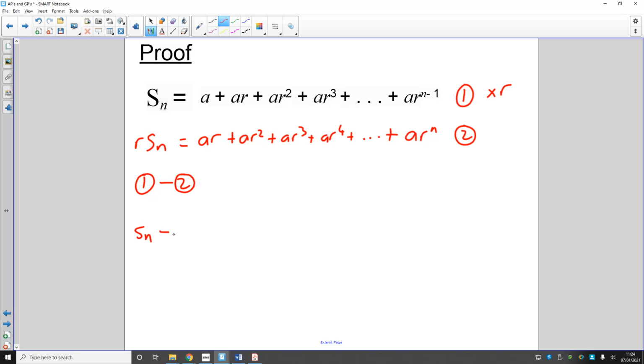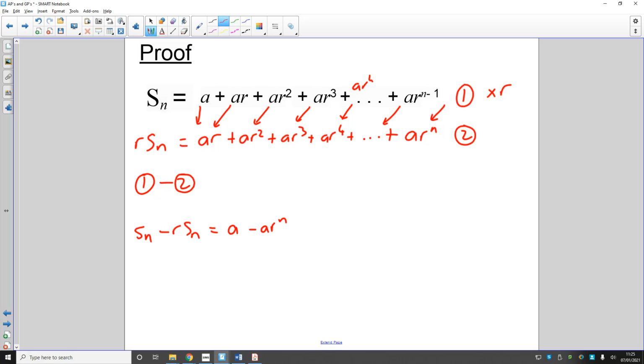The sum of n terms minus r times the sum of n terms will equal, now going from the top down, it'll be a, and then if we subtract this one, ar minus ar, ar squared minus ar squared, they all become 0, etc. So we have the ar to the power of 4, it will subtract that one out, and then this one here would subtract the ar to the power of n minus 1, and then we would be subtracting just the ar to the power of n. So that is how it looks when I subtract equation 2 from equation 1.